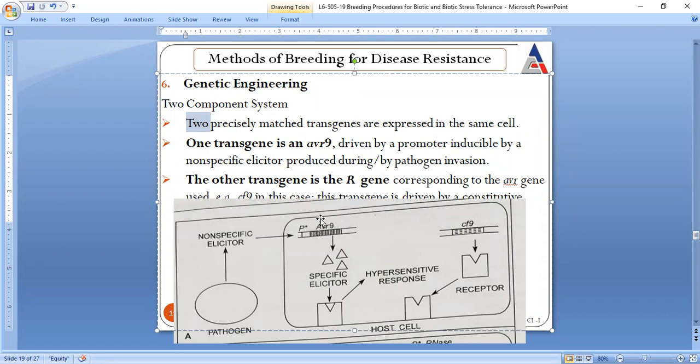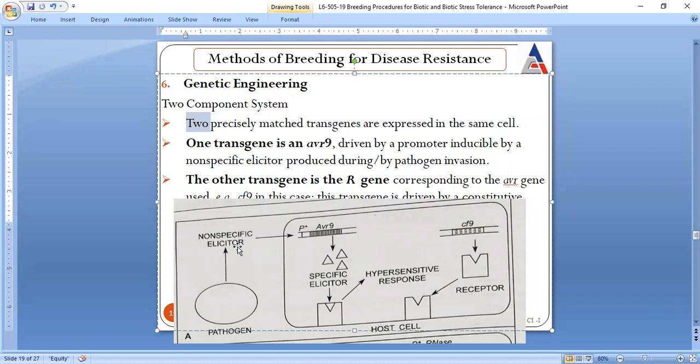So this is what is written in the slide. One of the transgenes is AVR9, which in turn is regulated by a promoter, and this promoter is induced by the non-specific elicitor. And what do we call an elicitor? An elicitor is something like when someone intentionally teases some other person.